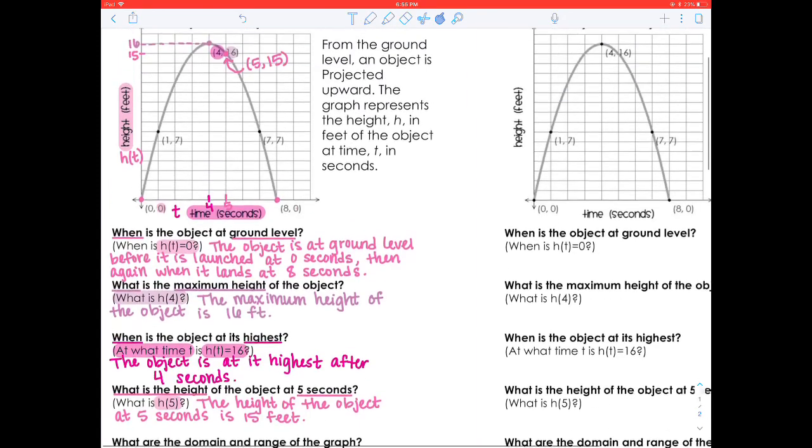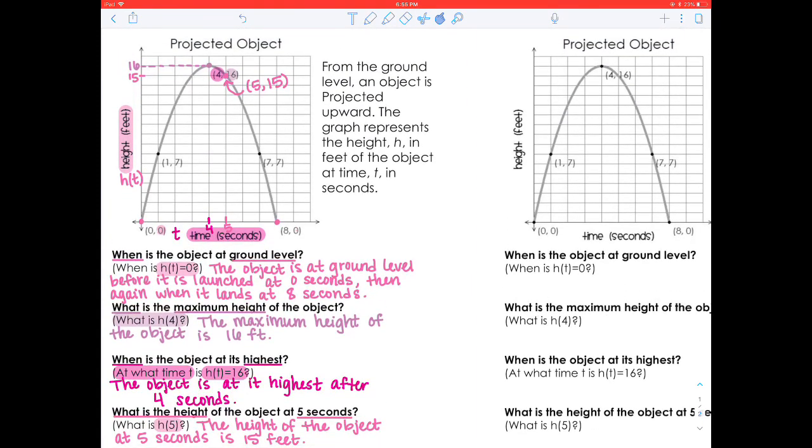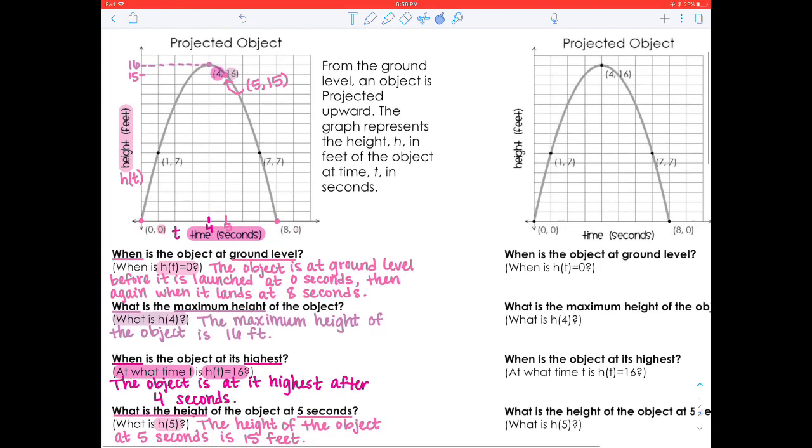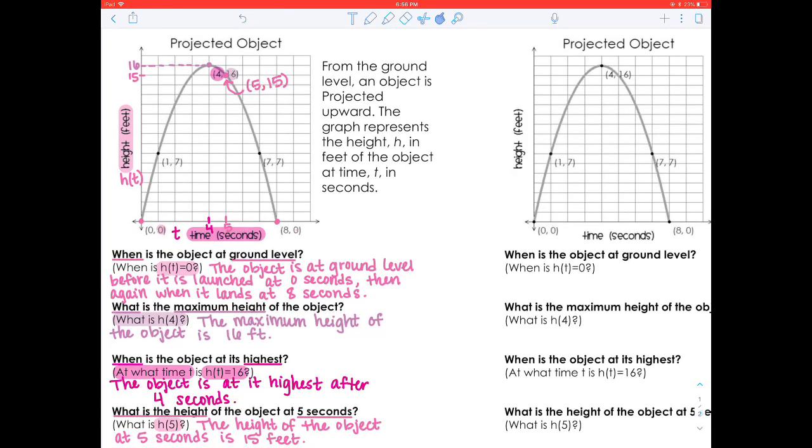Okay, next we have domain and range. So talking about these in terms of context. Now notice we only see quadrant 1 of this graph. We don't have any negative values, and that's usually because when we're talking about any function in context, typically we really only look at those positive numbers, because a lot of times, especially for time and height, negative values don't make sense.